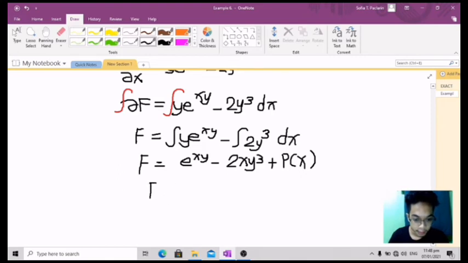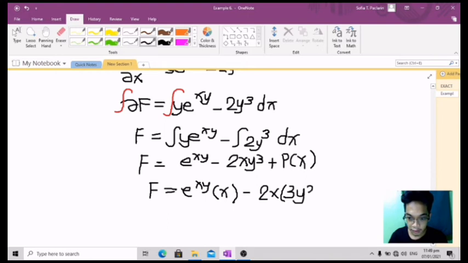F is equal to e raised to xy, minus 2x times 3y raised to 2, plus p of y or c.